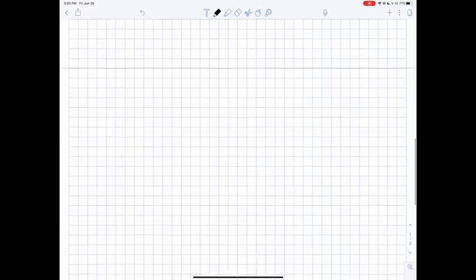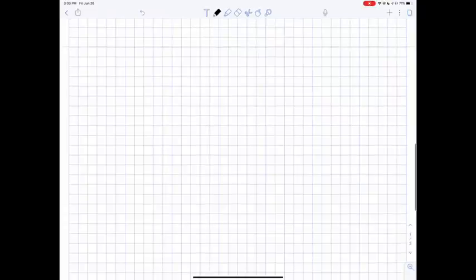So, what the second law of motion tells us is that a force that's applied to an object is going to be equal to the mass of that object times the acceleration of the object. Now, we just saw what acceleration is. Mass is an inert property of an object.